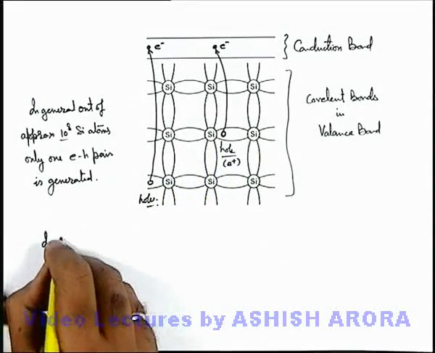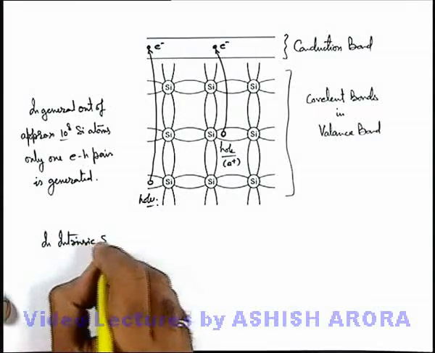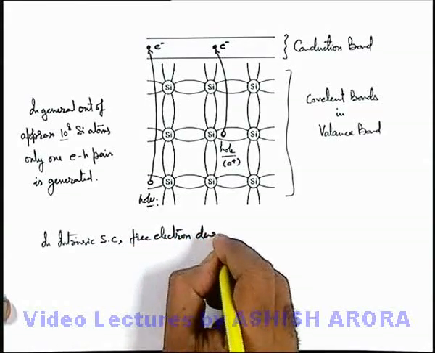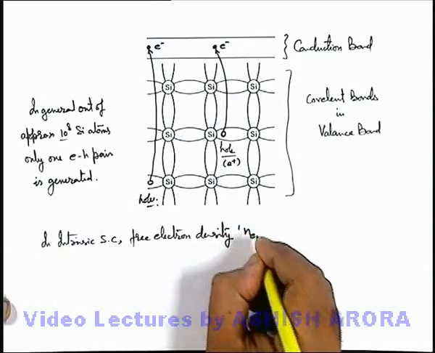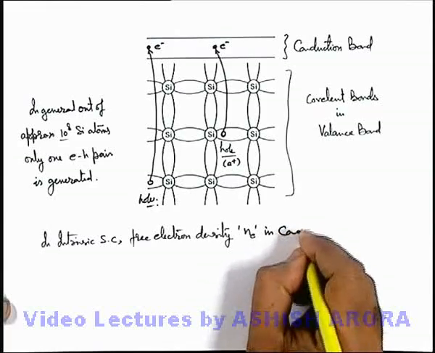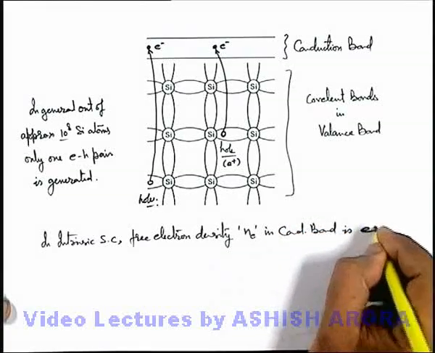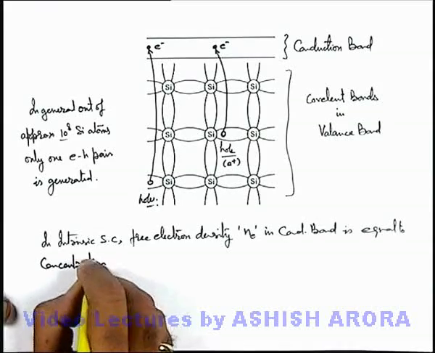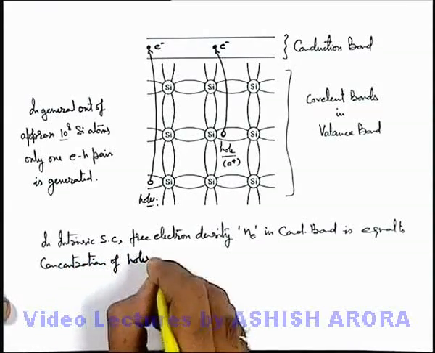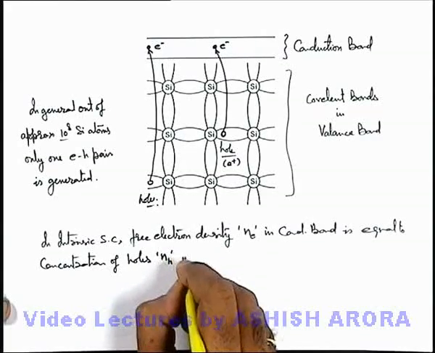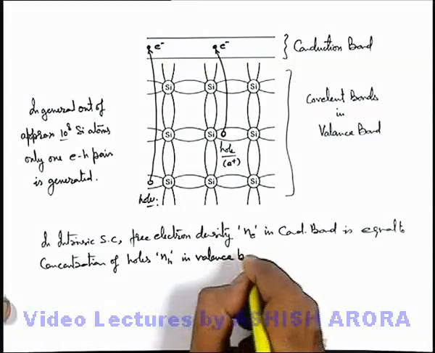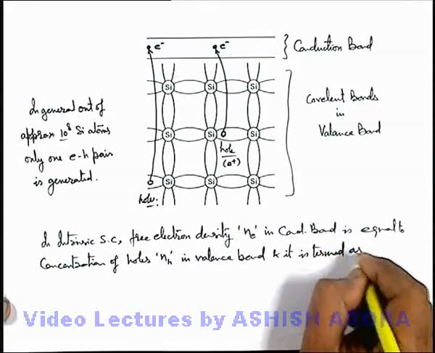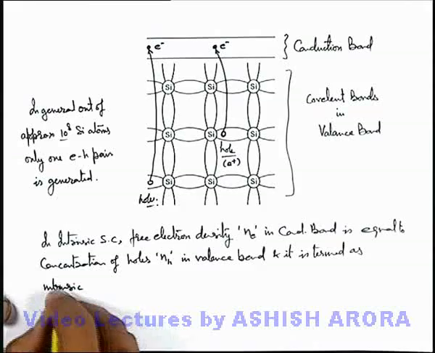So we can say in intrinsic semiconductor, free electron density, which is denoted by Ne in conduction band, is equal to concentration of holes, which is denoted by NH in valence band, and it is termed as intrinsic concentration.